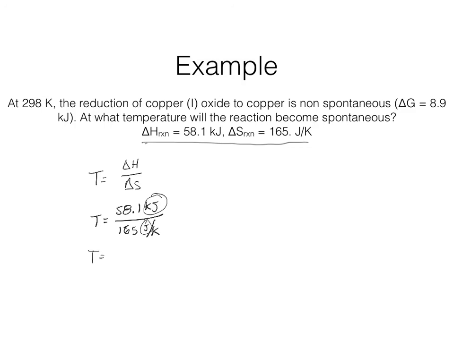And so what I have on the top is actually 5.81 times 10 to the 4th joules divided by 165 joules per Kelvin. So now I can type this into my calculator and get a number that makes sense. And I get a temperature of 352 Kelvin.